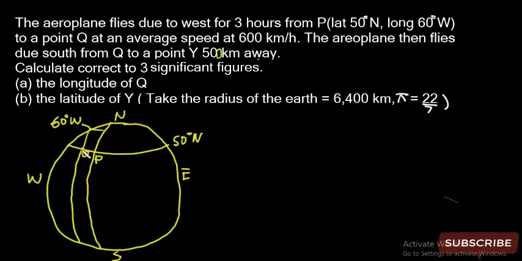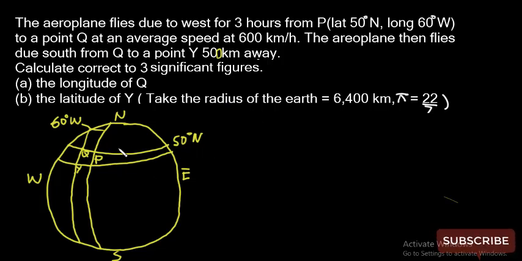So it flew from here down, coming towards the southern hemisphere. So we're going to have another line of movement. So this is Y. The given hours, average speed, and distance traveled are going to matter immediately after we draw this.